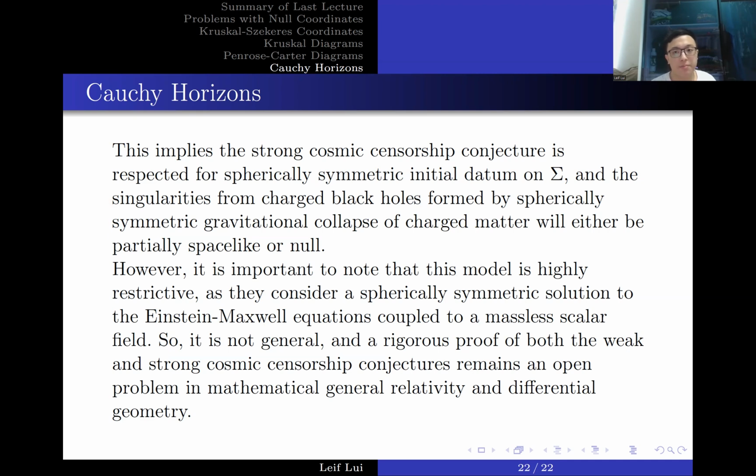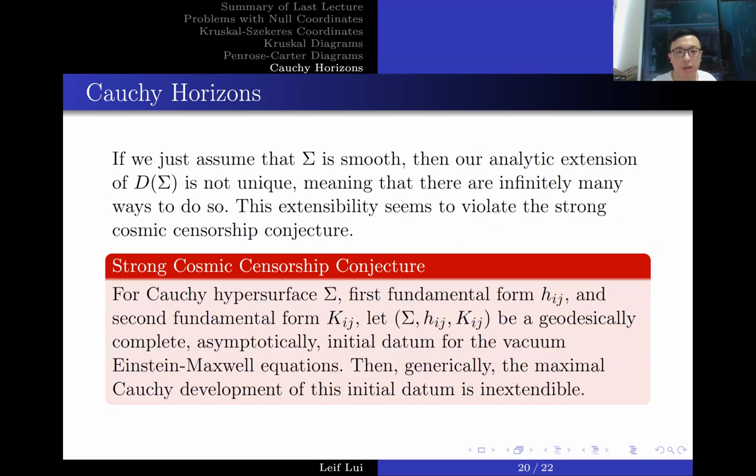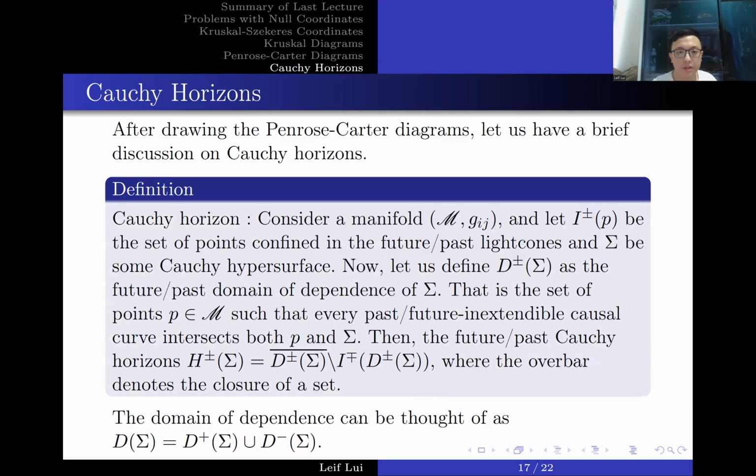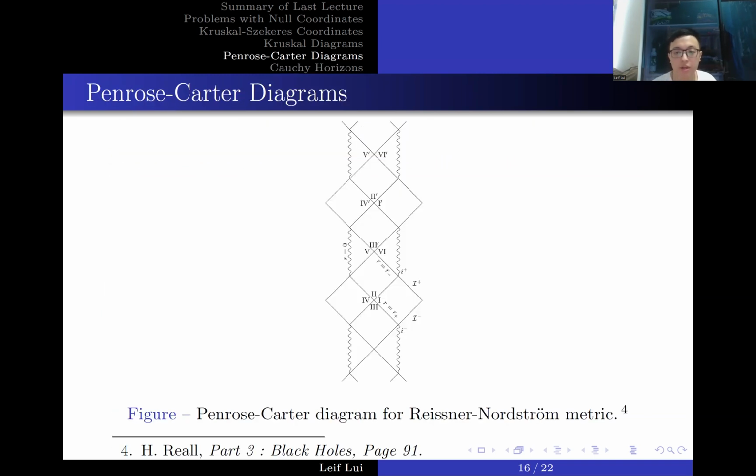But the key thing to note about Cauchy horizons is that, looking at this Penrose diagram, we should only consider the regions that are defined by D of sigma. So basically the domain of dependence and the initial datum.